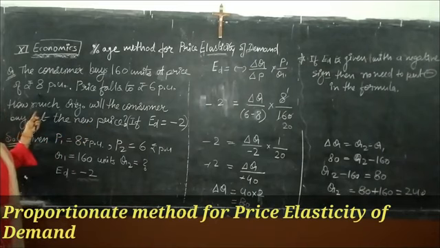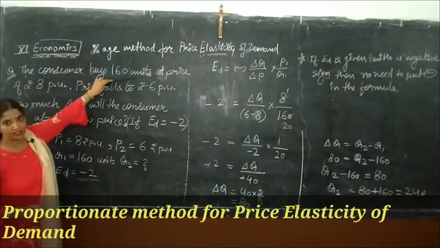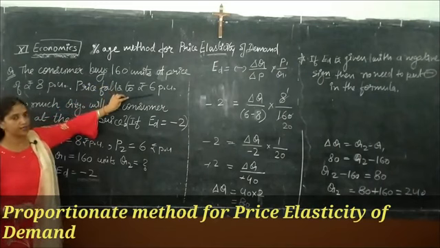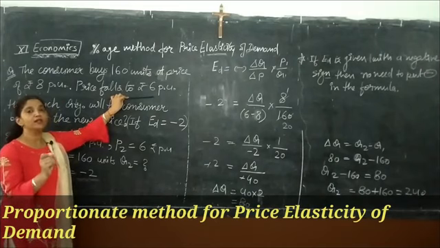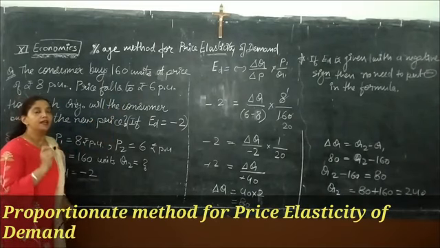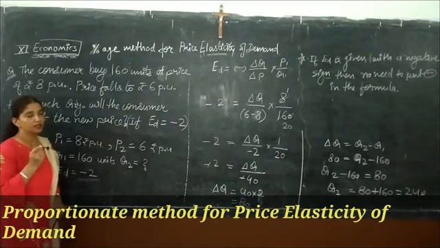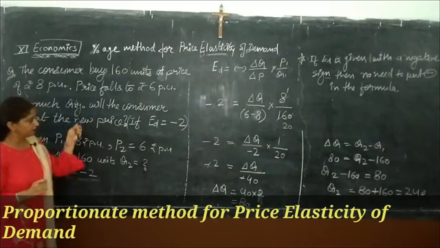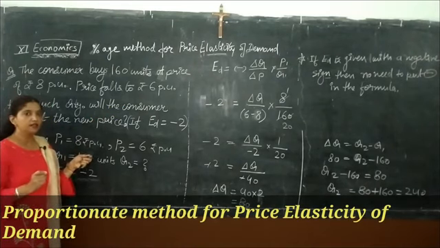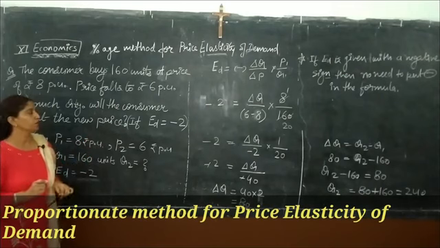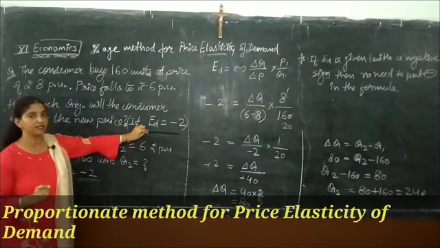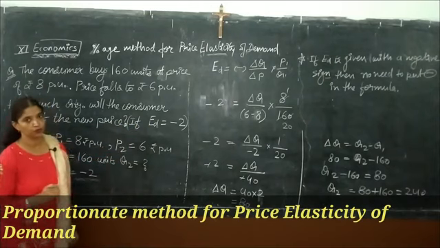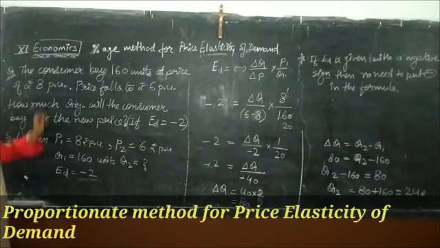At rupees 8, the consumer was buying 160 units. After the fall in price to rupees 6, the consumer will buy how many units of the commodity, and we have to calculate Q2. But the condition is that the elasticity of demand is given as -2. This is the question.